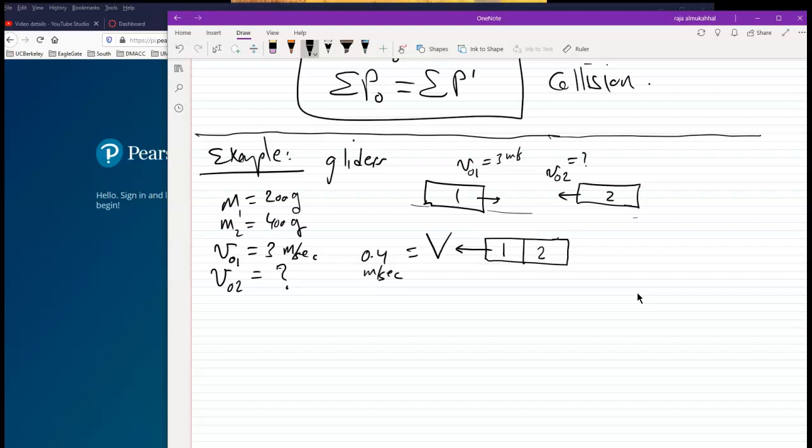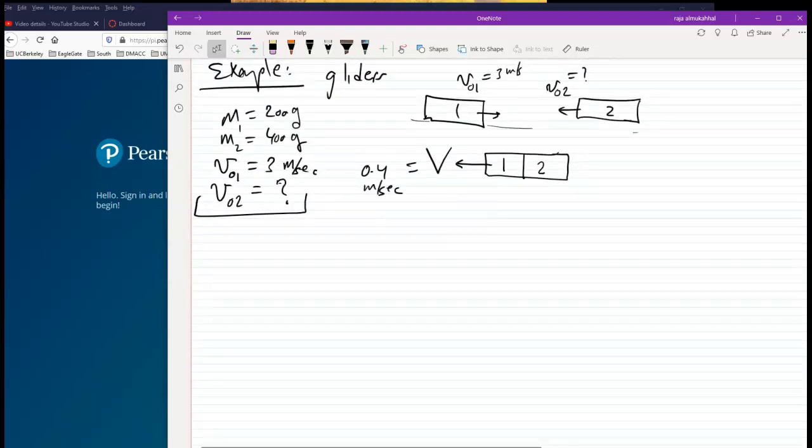What is the original velocity, V02? First of all, let me show you how you get the equation of the momentum for an inelastic collision. Like I said, in an inelastic collision, they stick together after collision. So basically, here's the general equation.